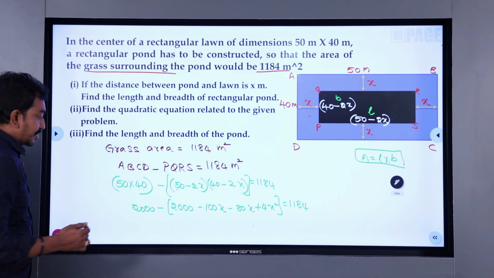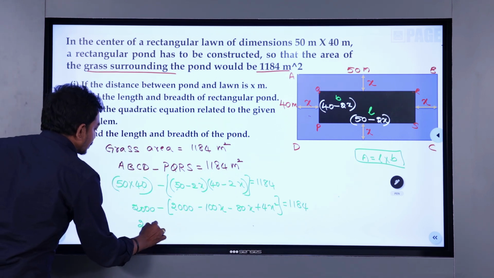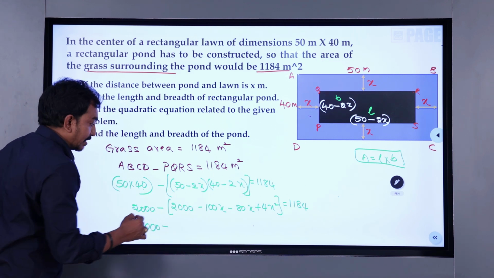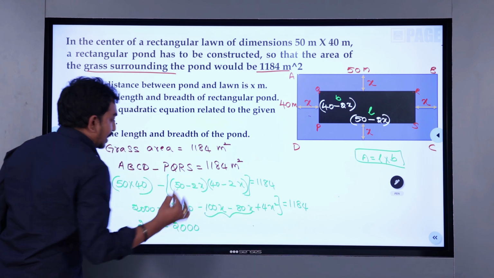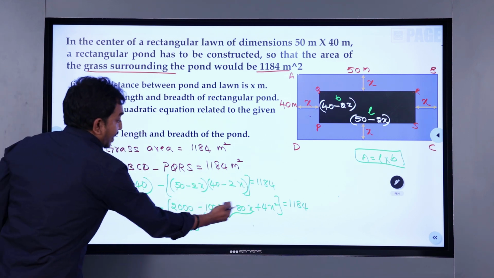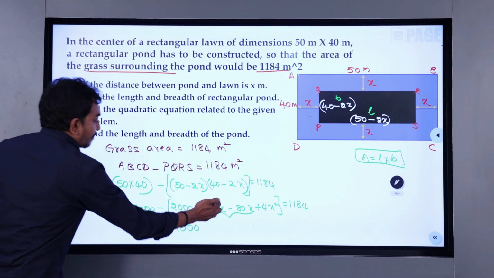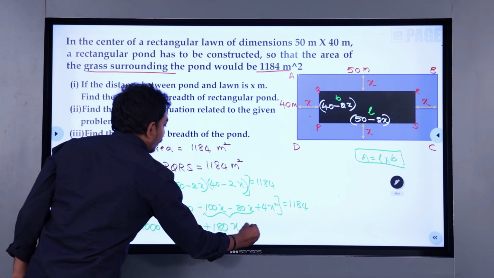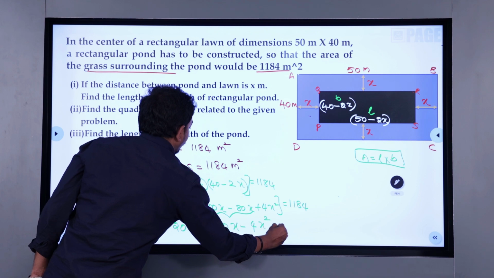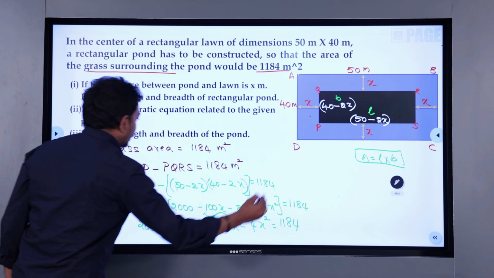Going for further calculations, this is 2000 minus, let us expand this bracket. This would be 180 into x, preferably minus 180x. Minus of minus would be plus 180x. This would be minus 4x square equal to 1184.